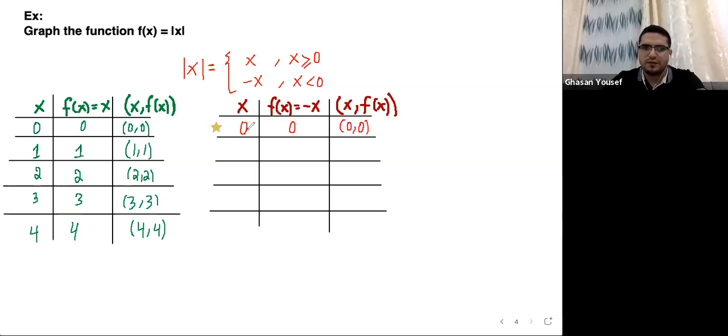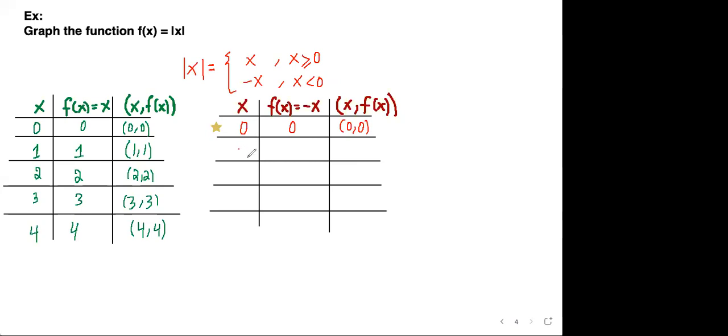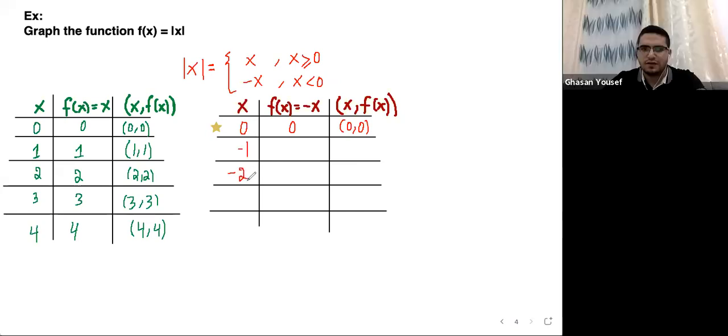Now I have to choose points less than 0 because it's my domain here, x less than 0. What values do I have? Negative 1, negative 2, exactly, negative 3, and negative 4. Now, when I plug in negative 1, what do I get? Negative 1 inside the function is 1, exactly, because negative 1 times negative 1 is 1.